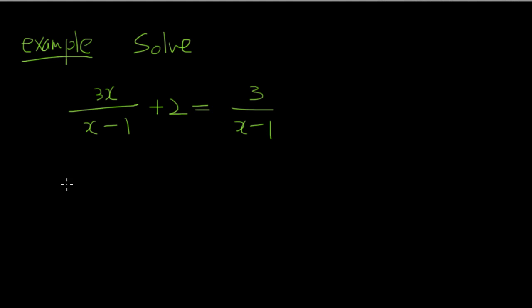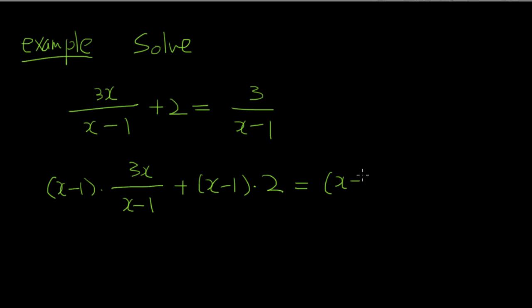So why don't we multiply x minus 1 in every term? So we have x minus 1 times 3x plus x minus 1 times 2 equal x minus 1 times 3 over x minus 1, like that.